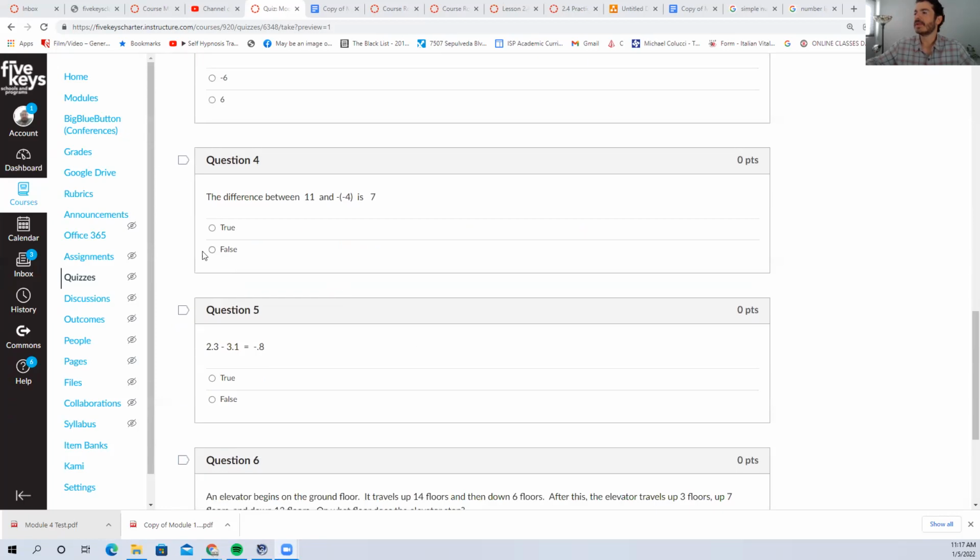The difference between 11 and, I think that's meant to be just a -4. Difference always means subtraction. So this is saying the difference between 11 and -4. If I had to write a number sentence for that, this is what I would write.